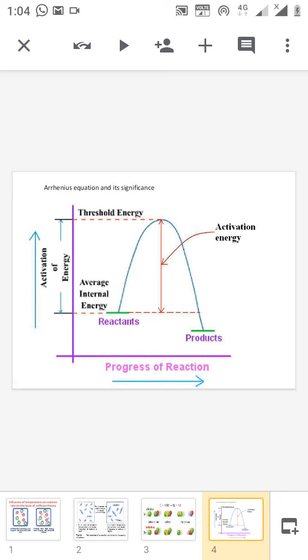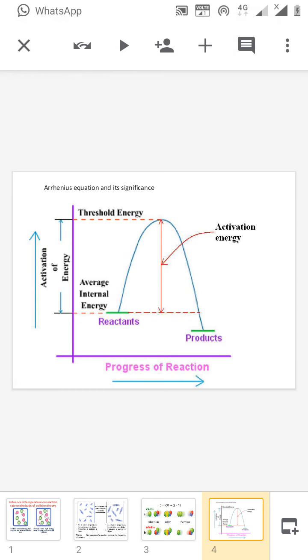Normally the molecule has an average internal energy, which is also shown in the figure. So we have to give the energy required to reach the threshold energy, and the energy given to the molecule is the activation energy.